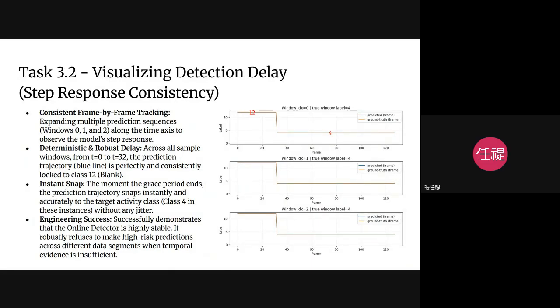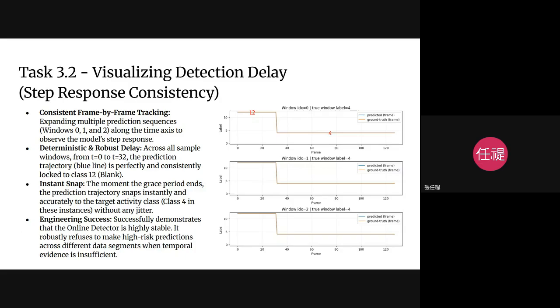So let's look at the predictions on the timeline. This is very similar to observing a step response in control systems. Instead of just looking at one lucky sample, we plotted multiple consecutive test windows here in die 6, 0, 1, and 2.